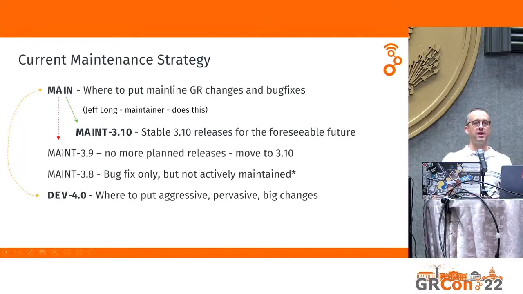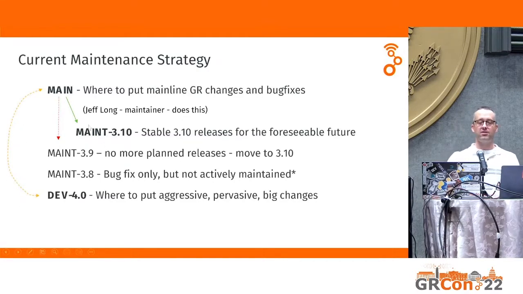maint-3.9 has no more planned releases unless something serious comes up, but 3.9 is close enough to 3.10 that we don't feel like we need to maintain 3.9 any longer. And 3.8 is bug fix only. We realize that 3.8 exists in the ecosystem. There's some out-of-tree modules that are still 3.8, but we're also not maintaining that as well. 3.10 is the path forward.